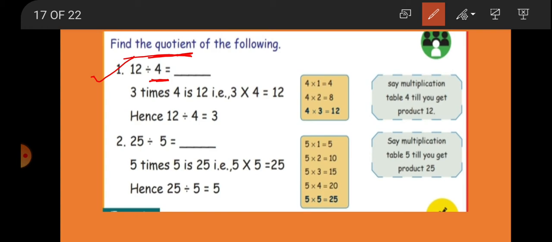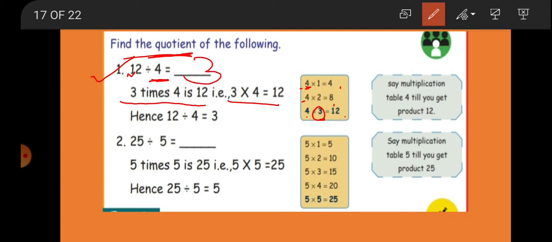Immediately we have to write the 4 table until we get 12. 4 1s are 4, 4 2s are 8, 4 3s are 12. So 3 times 4 is 12. So 3 into 4 is 12. That is why 12 divided by 4, the answer is 3.